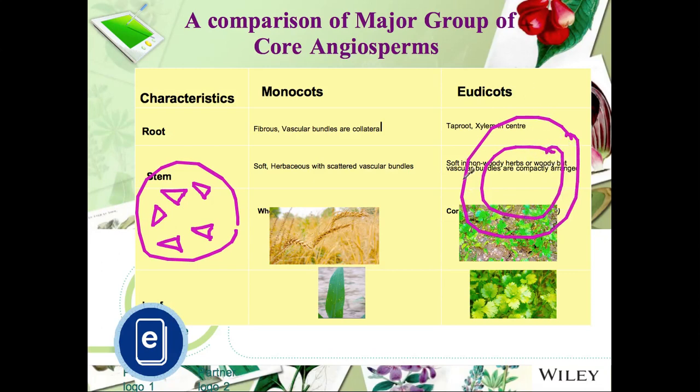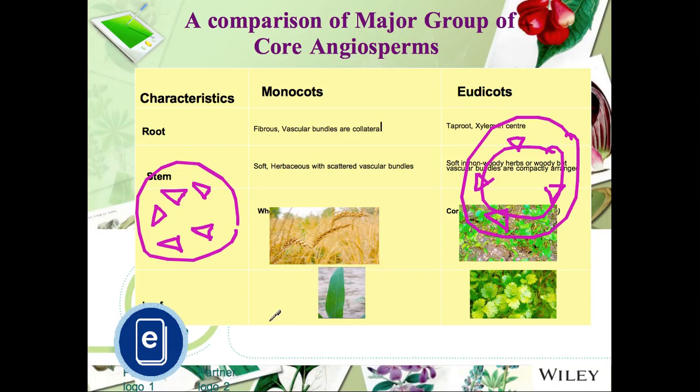Now, this is the whole cortical region, and this is the vascular region which bears the vascular bundles, and towards the center of the stem is the pith. In addition to this, leaves of monocots are also different from eudicots. Now, if you look at this leaf, this is a particular example of many monocots or grasses.